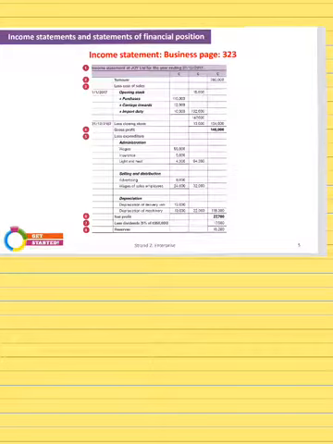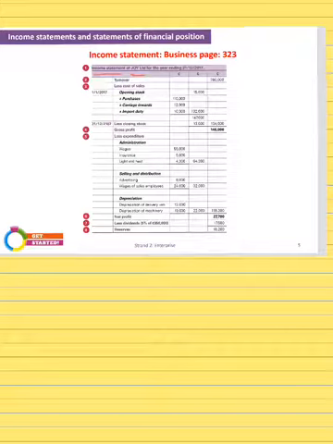The first thing I'd like you to bring your attention to is the heading. As with all things in accounting, it is very important that the heading is correct. You will find the details of what the heading should be in your question. So for example, the heading in this particular question names the account, which is the income statement. It names the company, which is Joy Ltd, Ltd being an abbreviation for a limited company.